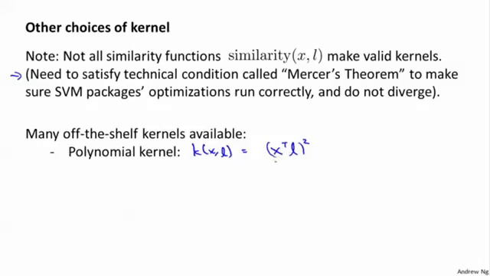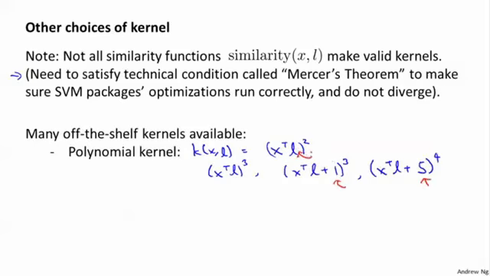This is one version of the polynomial kernel. Another is X transpose L cubed, or these are all examples of the polynomial kernel. X transpose L plus 1 cubed, X transpose L plus maybe a number different than 1, like 5, and then to the power of 4. And so the polynomial kernel actually has two parameters. One is what number do you add over here? It could be 0.